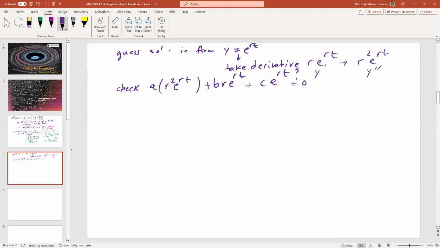So let's check. Do they give us 0? e^(rt) is a common factor. a r squared plus b r plus c equals 0.